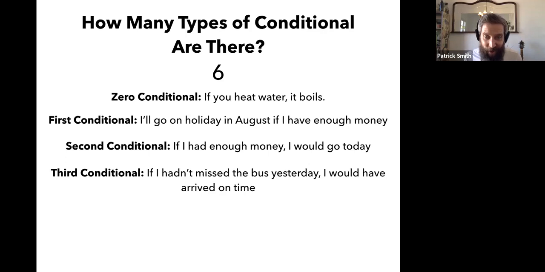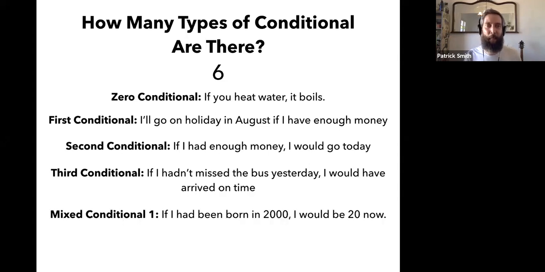Next, we've got the third conditional. If I hadn't missed the bus yesterday, I would have arrived on time. And I'll give you a little translation just to give you the flavor. "Si no hubiera perdido el autobús ayer, habría llegado a tiempo." Alrighty, so that one all refers to the past. Then we've got a mixed one.